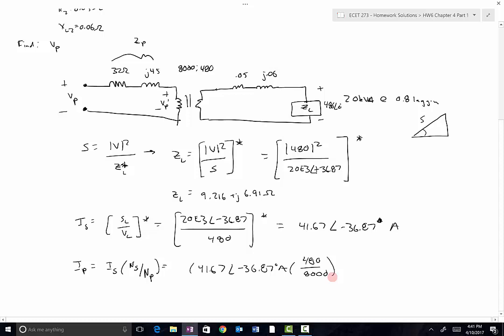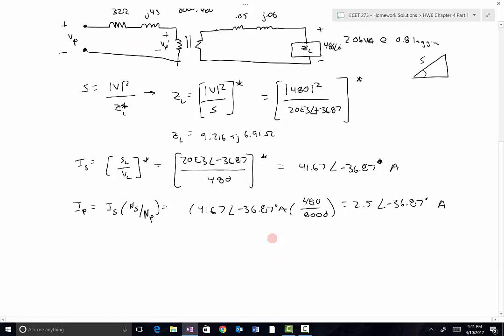And so that gives me a primary current of 2.5 at an angle of negative 36.87 degrees. Right, this was a step down transformer. That means the current in the primary needs to be smaller than the current in the secondary. So that looks good. Okay, so we've got that. That's the current flow through this branch right here.